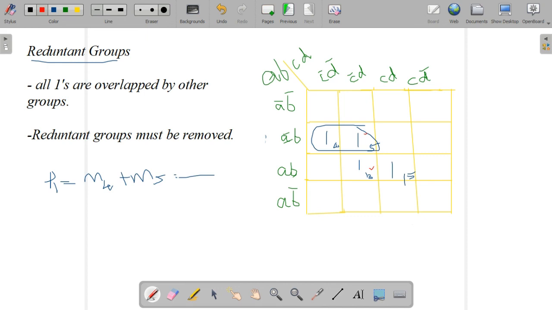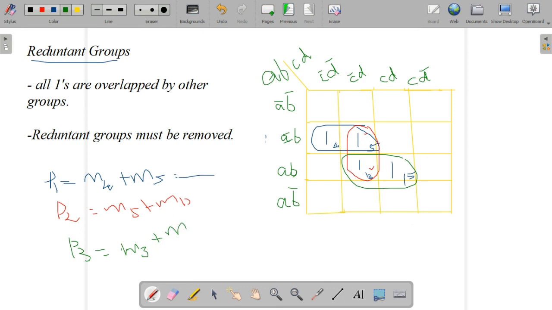So how can we mark? Taking M5 and M13, first I am marking it in red color. That is pair 2, M5 and M13. But in the next case, M13 and M15, we can make it as a pair. That is another valid pair. So pair 3 is M13 and M15.